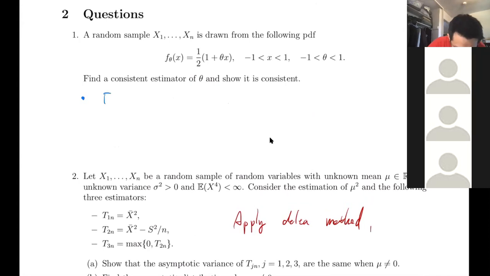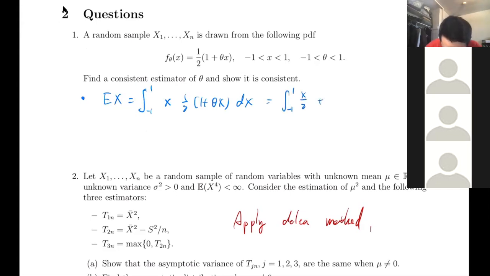Okay, so the average of x is equal to the integral from -1 to 1 of x times the density, which equals this plus 1/2 theta x squared.